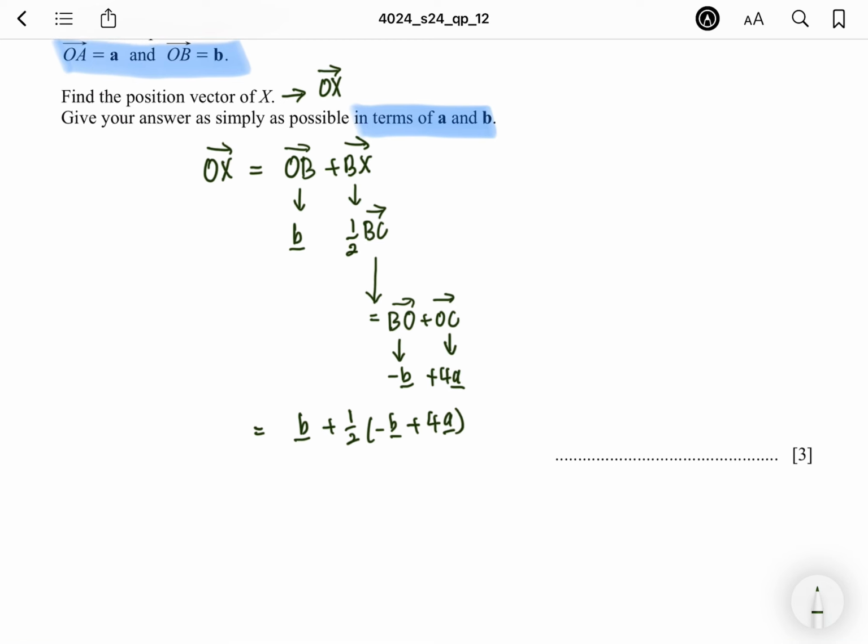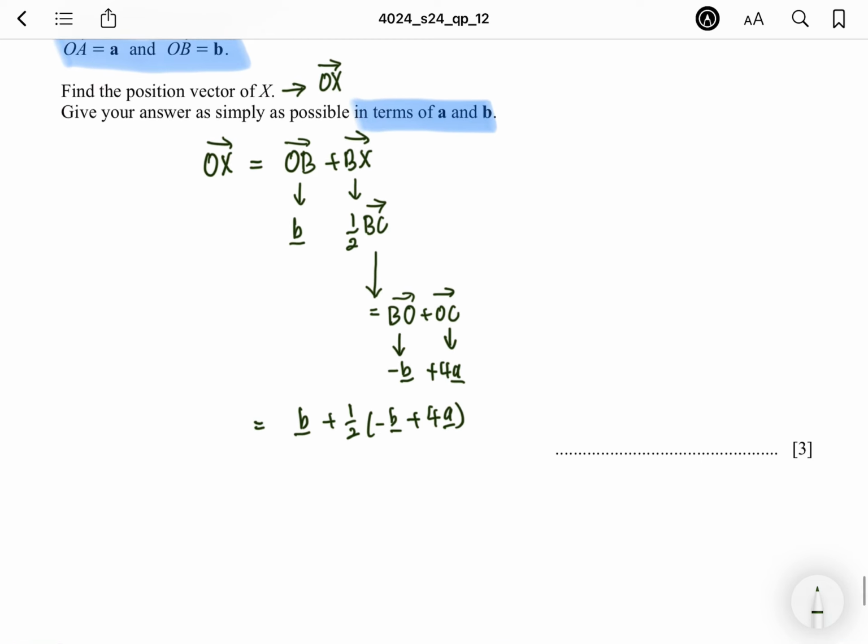Is that the final answer? Nope, because there are some terms that you can simplify. So you need to expand. B plus minus half B plus 2A. Fractions, your kryptonite.